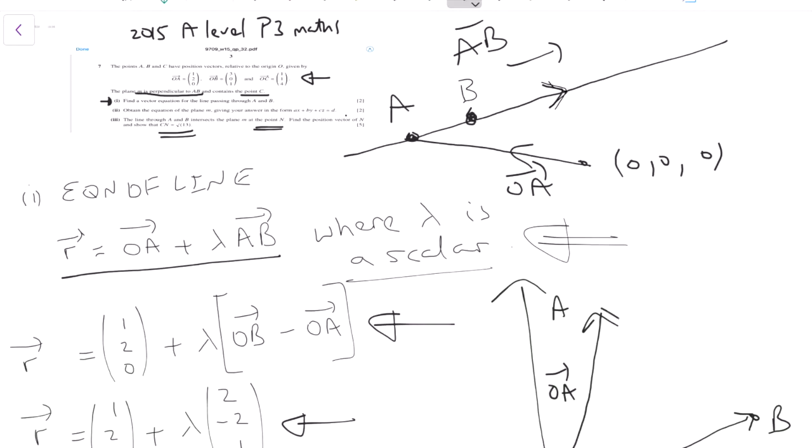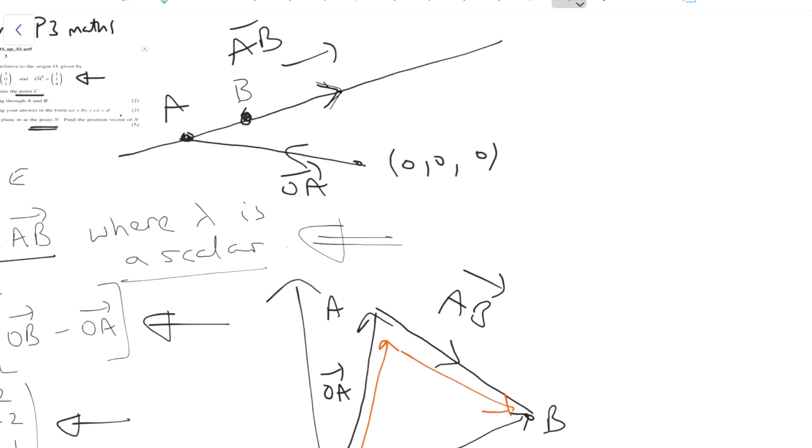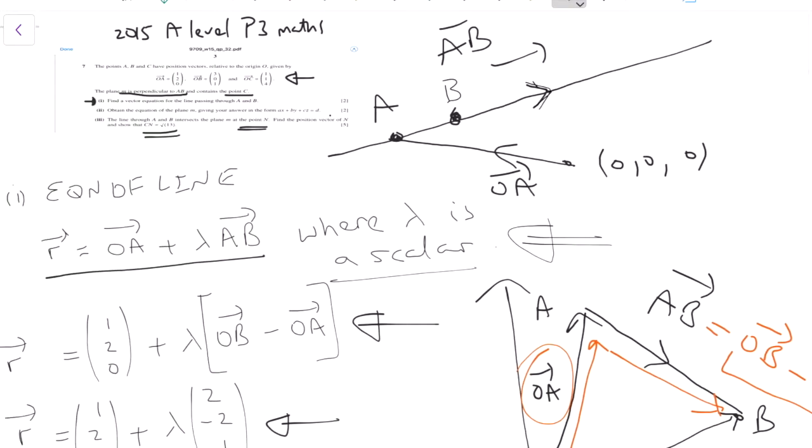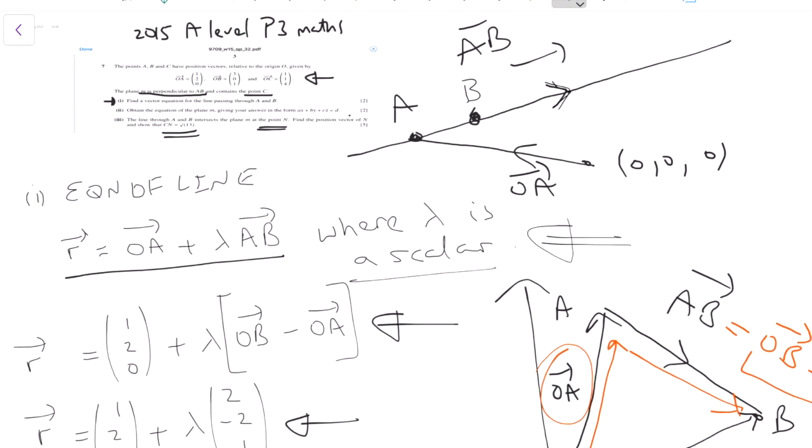Well, AB is the vector joining A to B, found by first going to A, then going to B. So AB must be equal to OB minus OA, because if you add OB minus OA plus OA, you get back OB. So there we go. That was an aside, but this is the equation of your line.